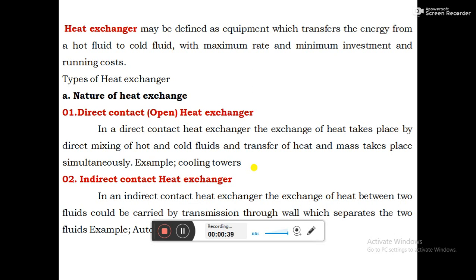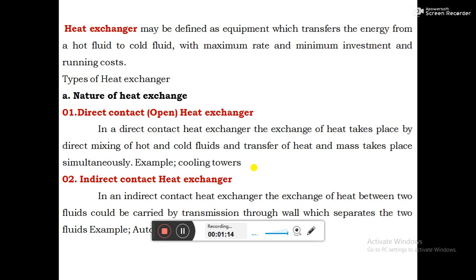The best example for a heat exchanger is the radiator of an automobile. As all of you know, what happens in a radiator? The water which gets heated in the engine is supplied to the radiator tubes. On the outer surface of the radiator tubes, fins are provided, and over these fins, the atmospheric air is made to flow.